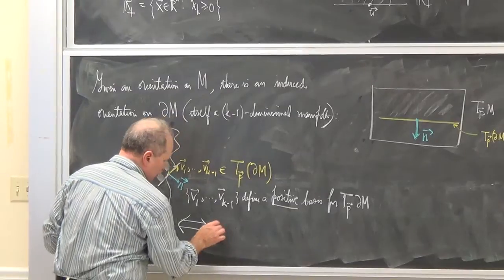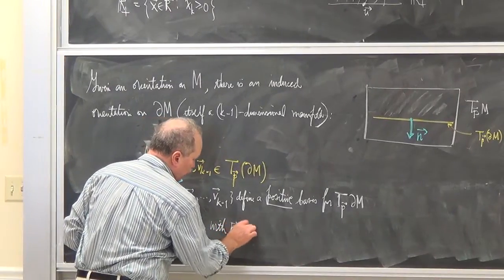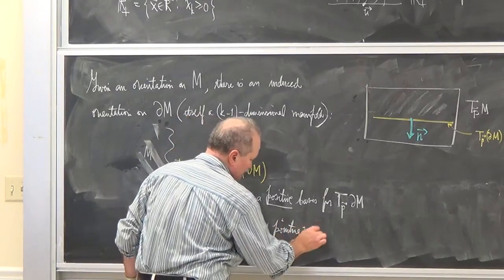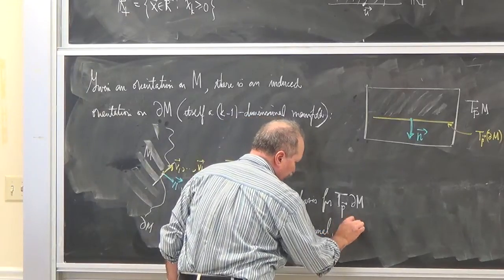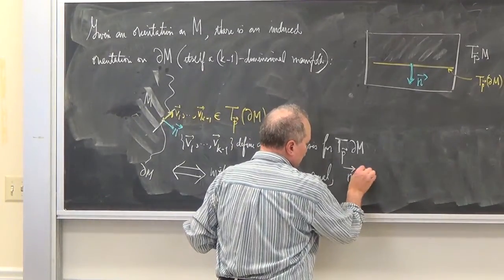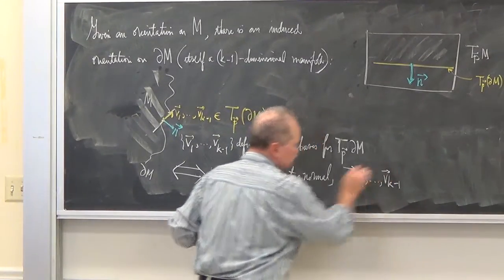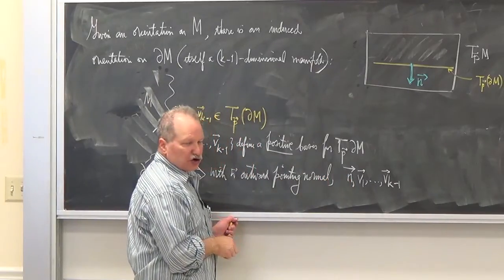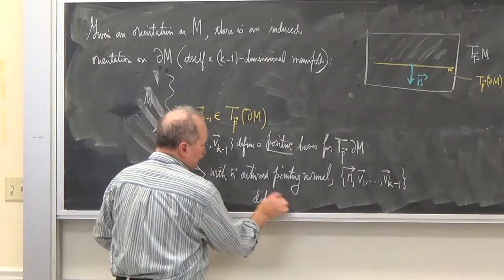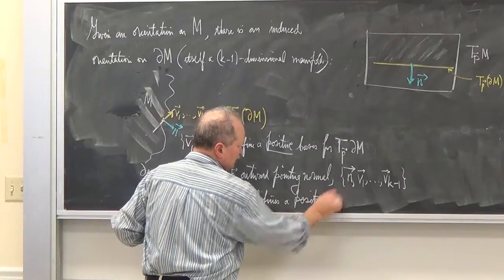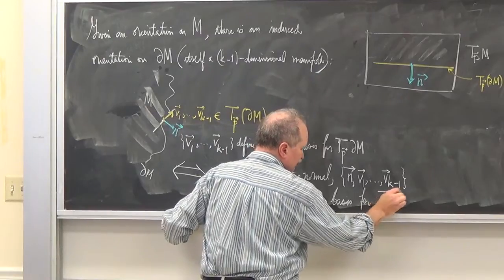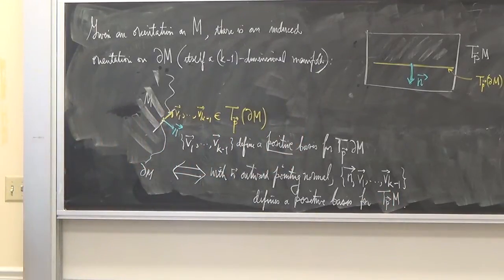So with n, the outward pointing normal, put the normal at the front. This seems weird, but you're going to see why it's important in a few days. You stick your vectors from your tangent space to the boundary, you put the normal vector first, and this should be a positive basis for the tangent space of M. Okay, so this seems very abstract.